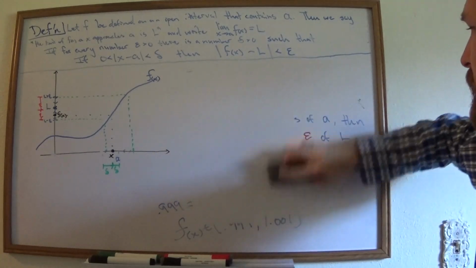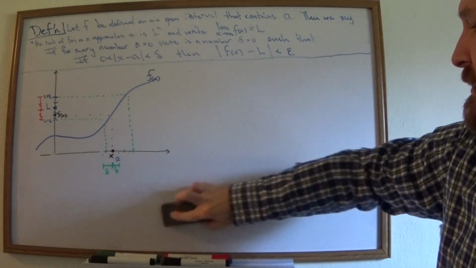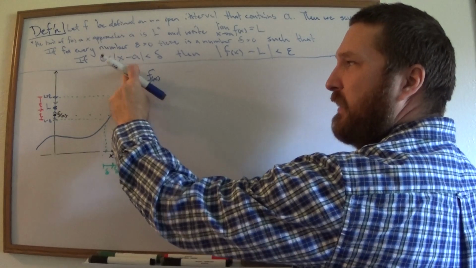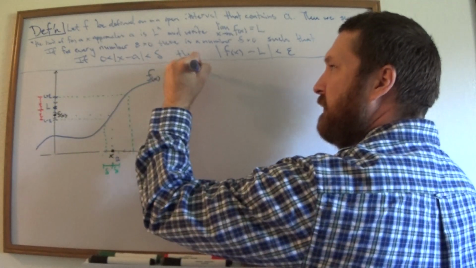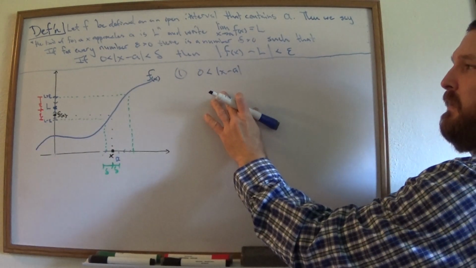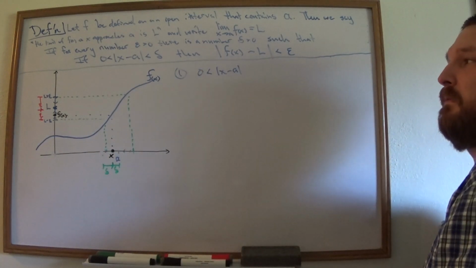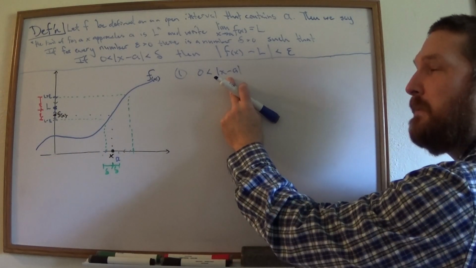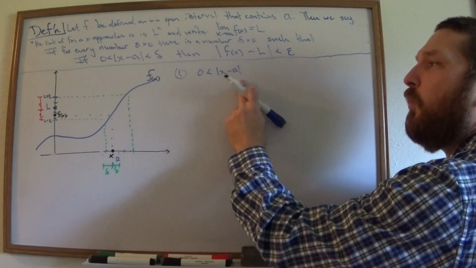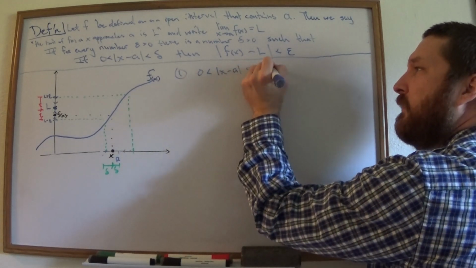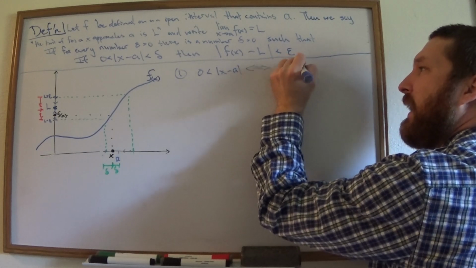And what I want to do here is tease out what this means. So that first part, that this being bigger than 0, all this means is that x can't be equal to a, right? Because the only way that that's not true is if x is equal to a.